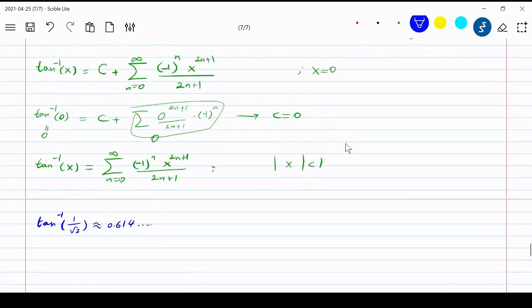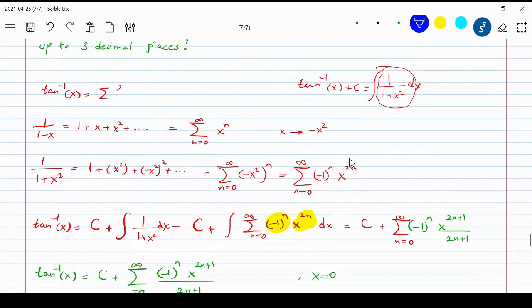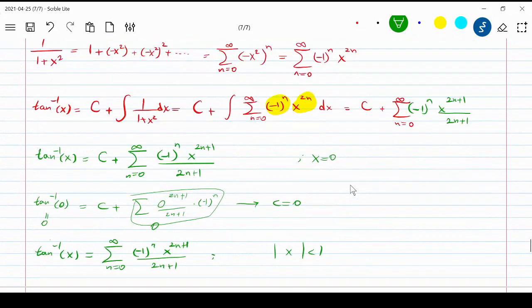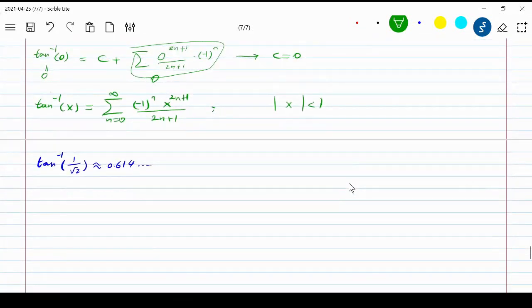I don't remember the exact number, but I think it's around that. And let me change this because I want to stop faster, but let's stop it up to 2 decimal places. It's the same idea. You need to add more numbers if you want to have higher decimal places.